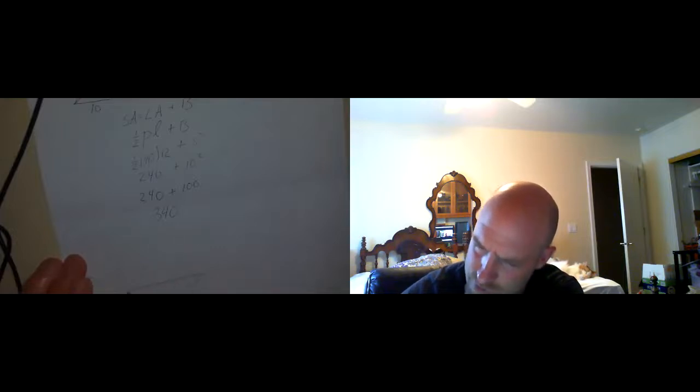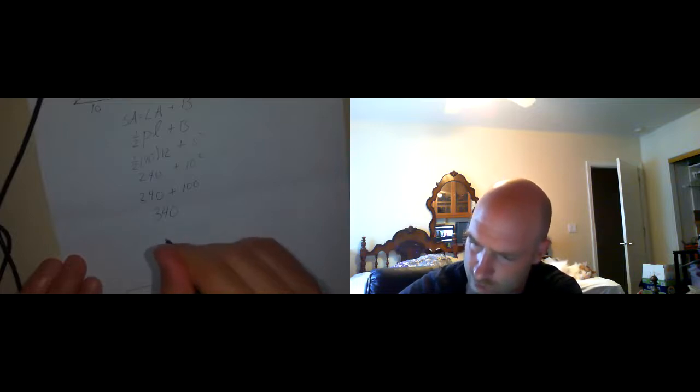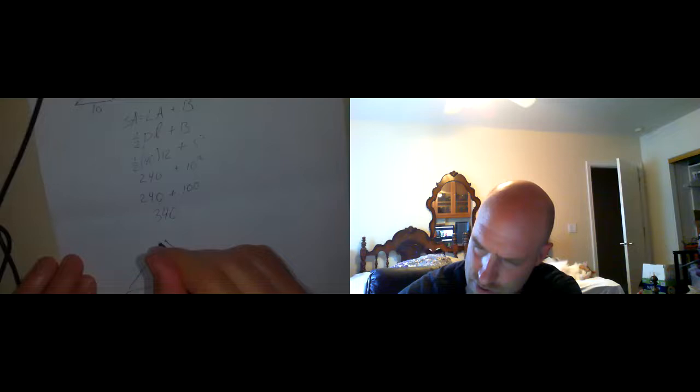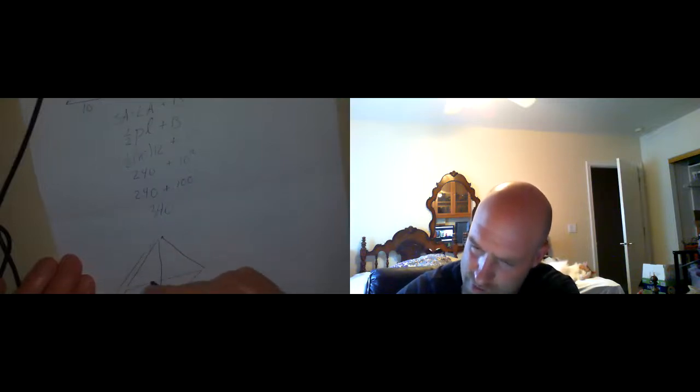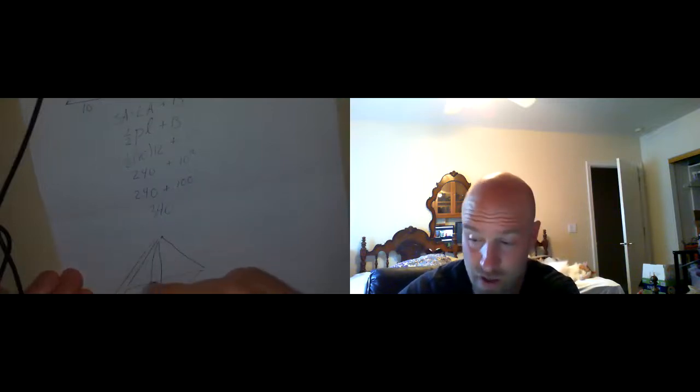So let's draw another one of these. Let's make this a square pyramid with a side of 8. And what if this time, instead of the slant height, I gave you the actual height, also called the altitude?